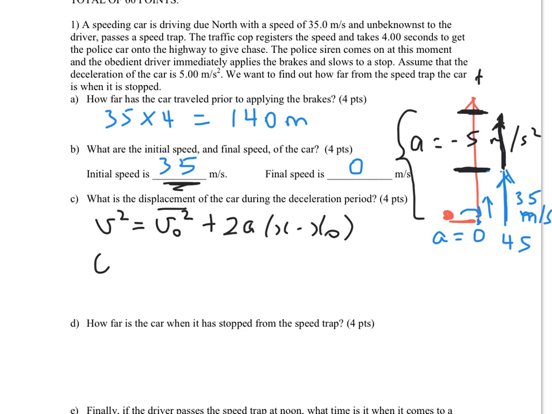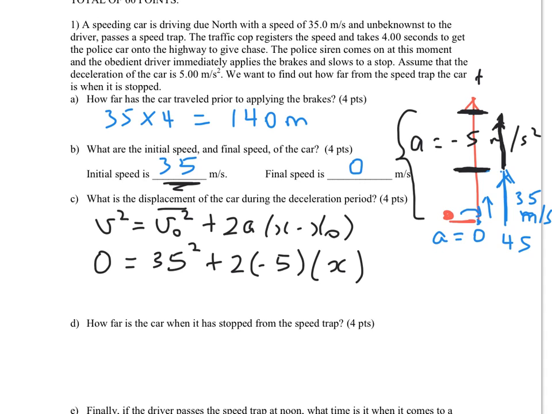Okay, your final velocity is 0, your initial is 35, you square that, plus 2a. Now a in this case is minus 5, and x is your final position, and x naught you can call that 0. Doesn't matter because what you really are after is x minus x naught.